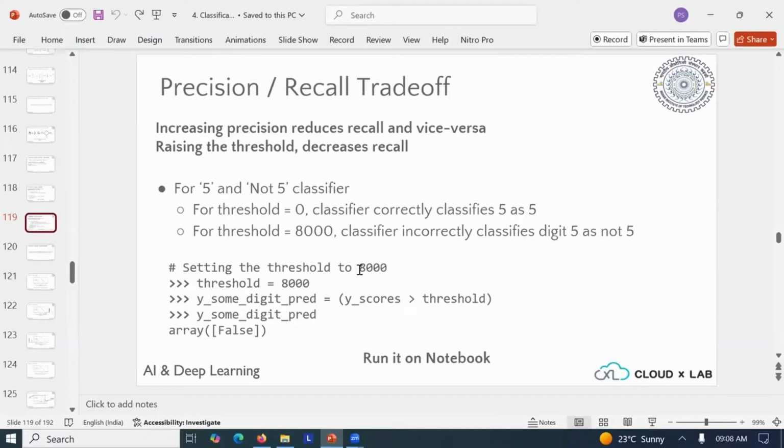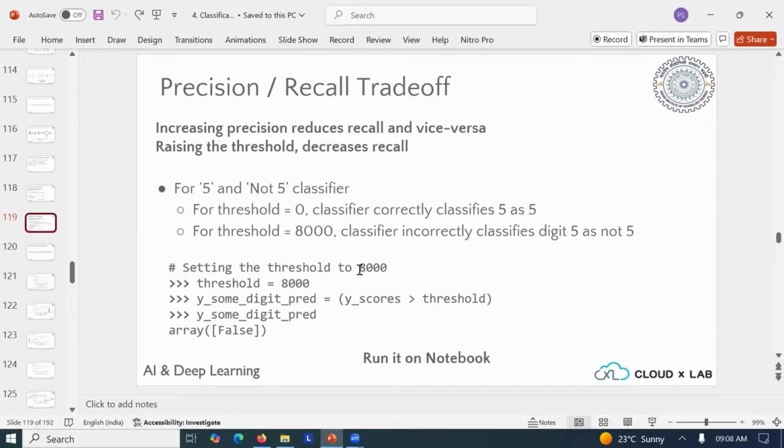So can I say that recall will decrease here if I increase the threshold, right?